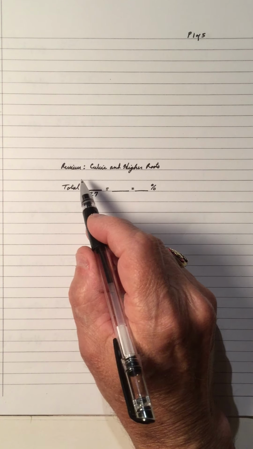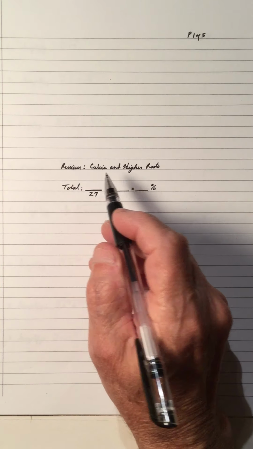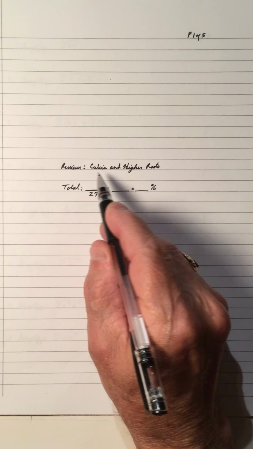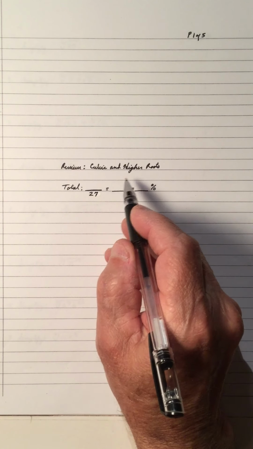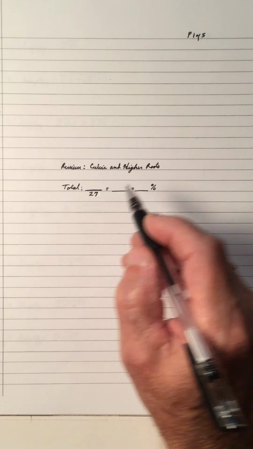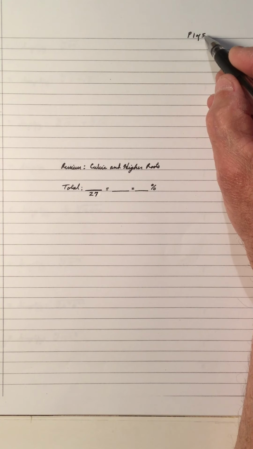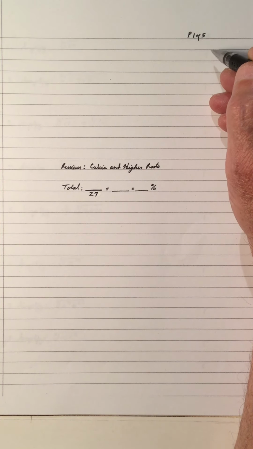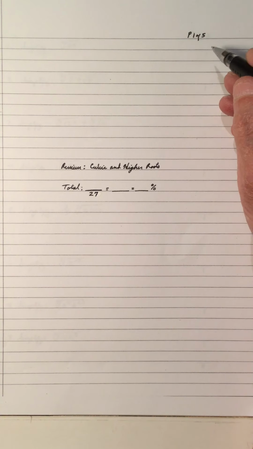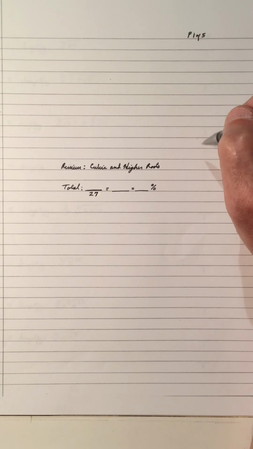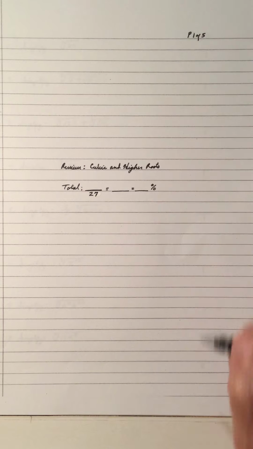And as in previous units, the review is treated as a quiz, and this one can be marked out of 27. As you can see, this is the first of 5 pages, 4 more to come. What you do is give yourself a score for each question and total up at the bottom at the end of each page.